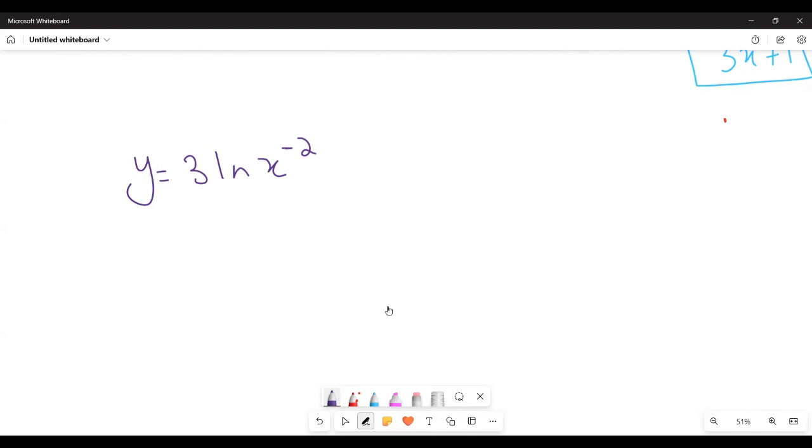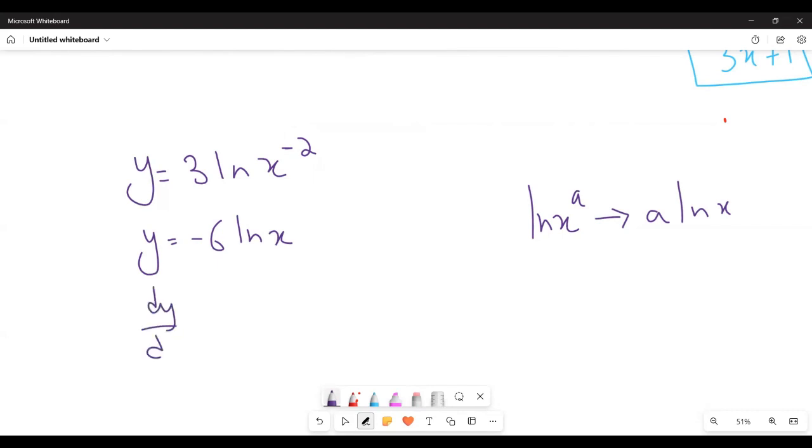There's a property of log that if you have ln x power a, it becomes a ln x. So we can bring this power down. It gets multiplied with 3 and we get minus 6. Now we can derive this. So it's going to be dy over dx. Minus 6 is still minus 6. And the derivative of ln x is 1 over x. It's minus 6 upon x.